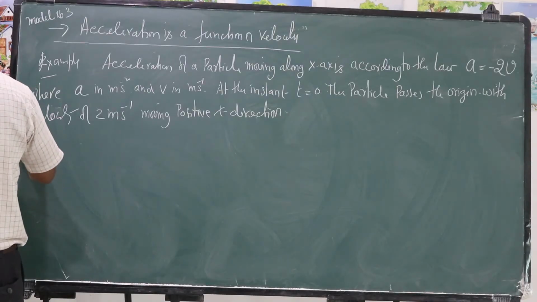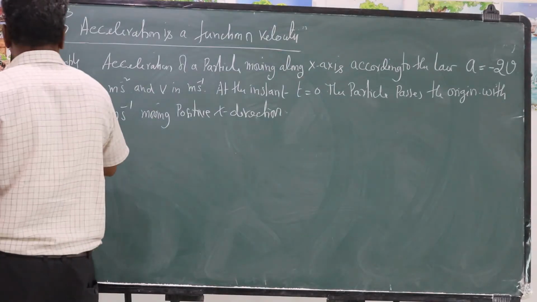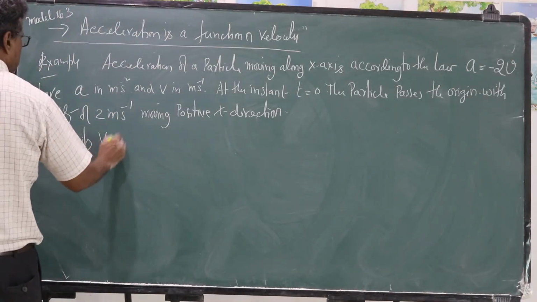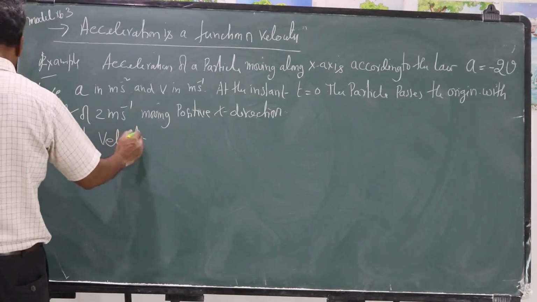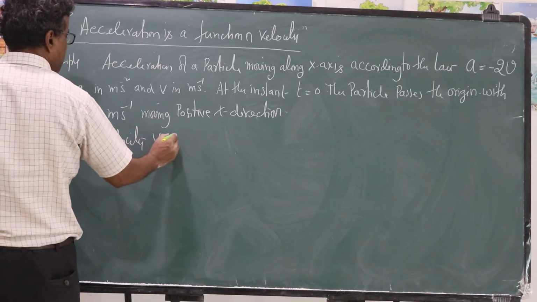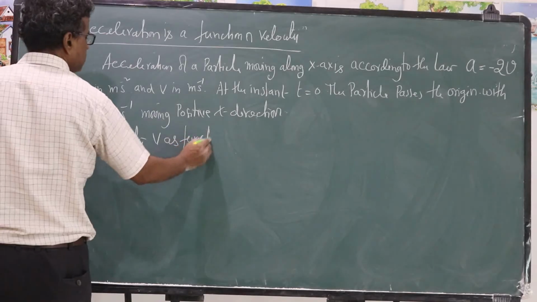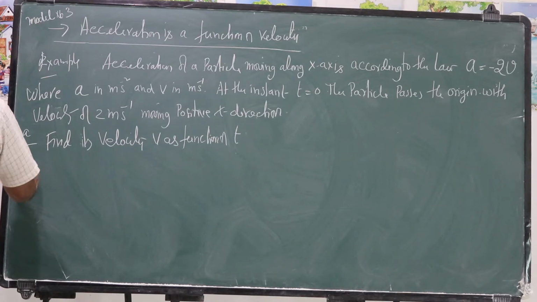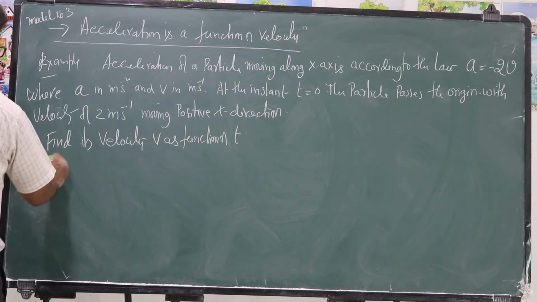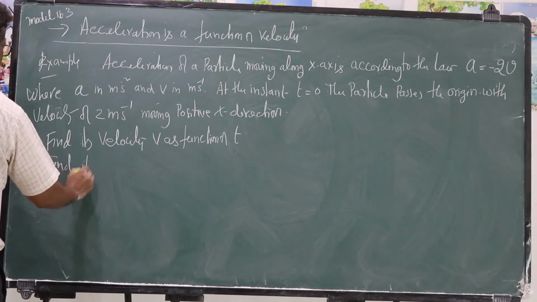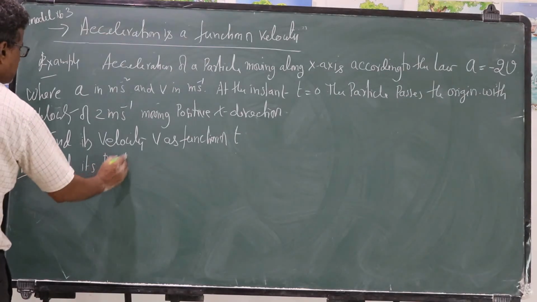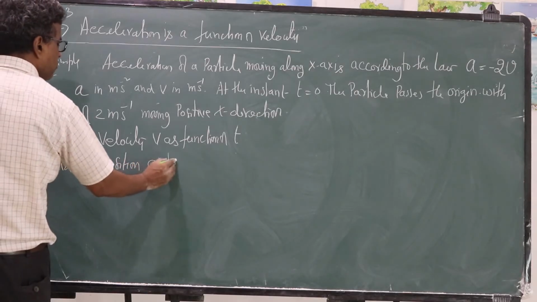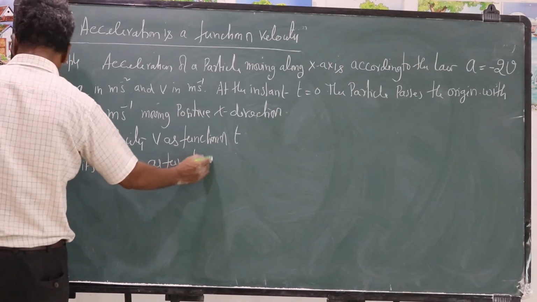Find A, find its velocity v as function of t. B, find its position as function of t.